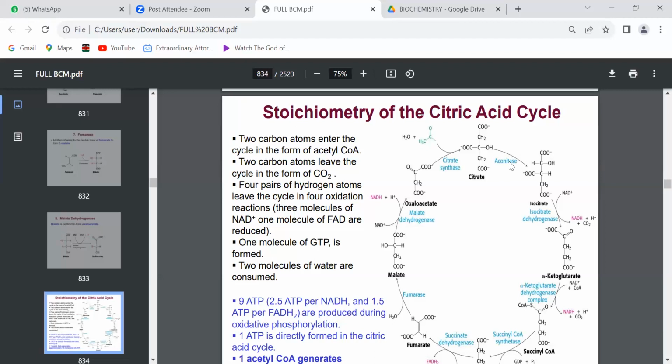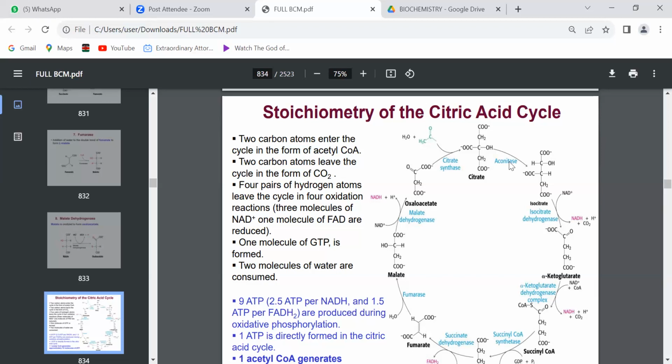Then the whole cycle takes place, which is the oxidation of acetyl-CoA to give CO2, but in the process there are other products: 3 NADH, 1 GTP and 1 FADH2 are produced.